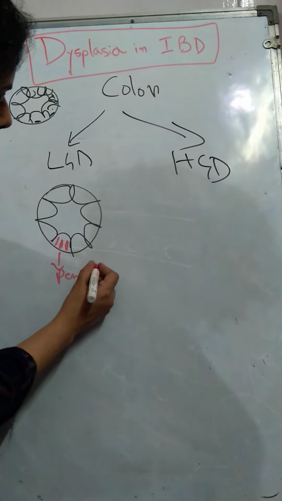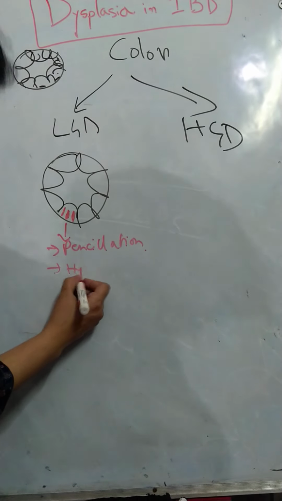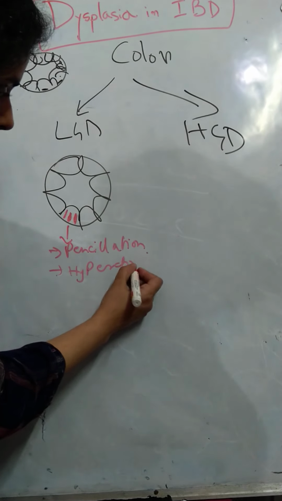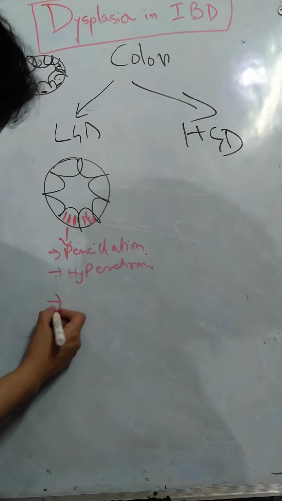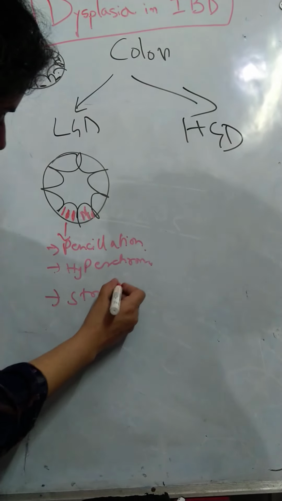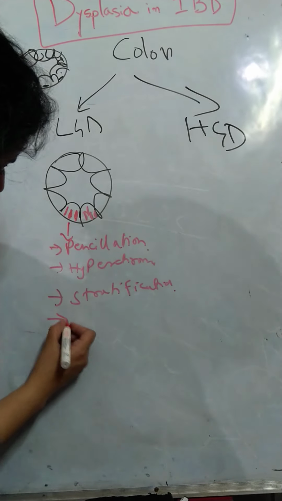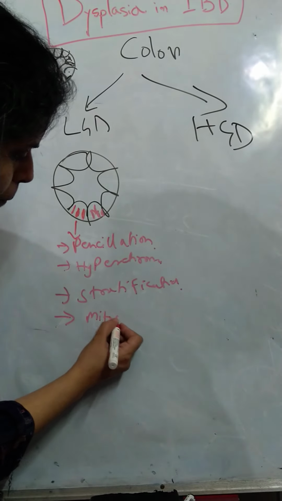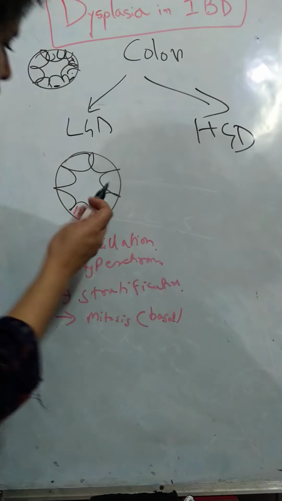They appear like a pencil shape. They are elongated, they become hyperchromatic. There will be some sort of stratification. You may see mitosis, but that is only restricted to the basal area, that is this area.